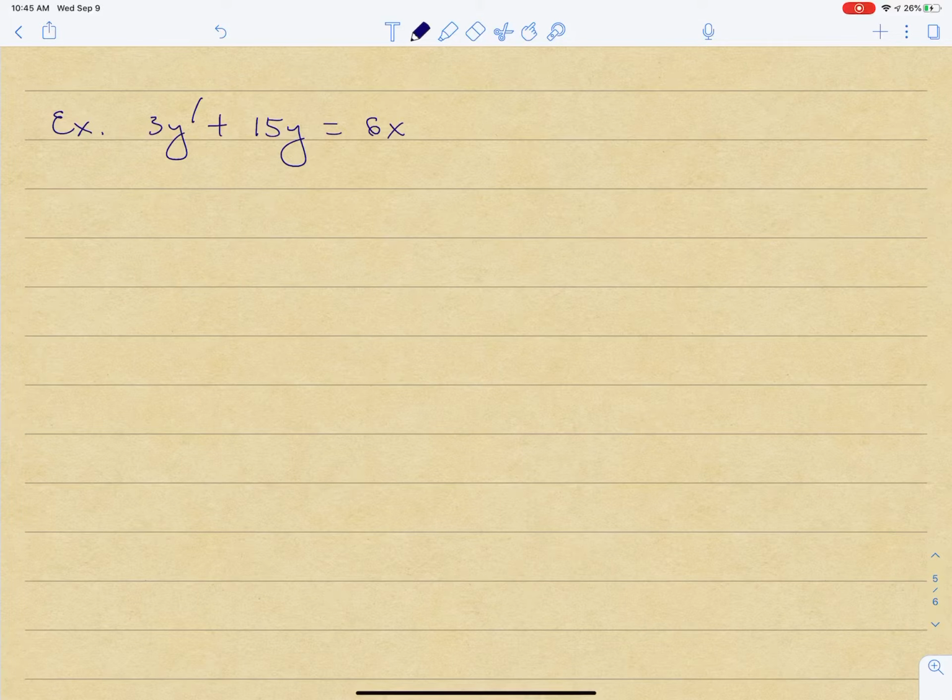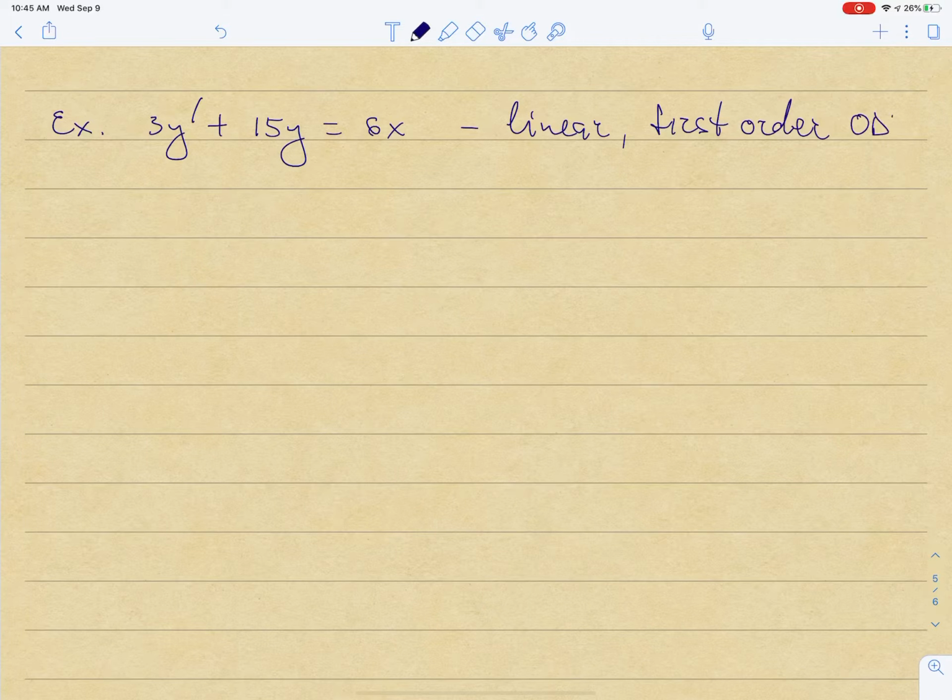So this equation is linear, and so we should be able to solve it by using the integrating factor.